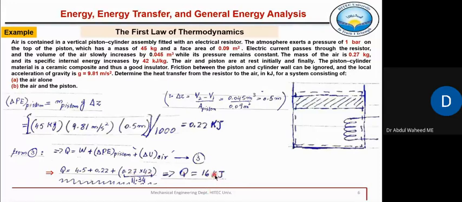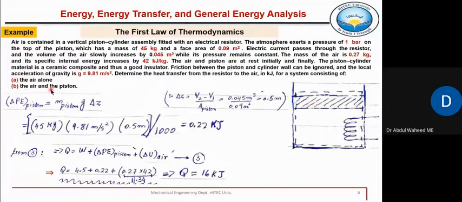So the answer will be the same as in part A, but the difference is there will be some new terms in part B compared to part A, because when you describe the system in a different way, there are certain changes in the equation. You have to be very, very careful when you are defining your system, and accordingly you have to solve your problem. Right, so this was the first example.